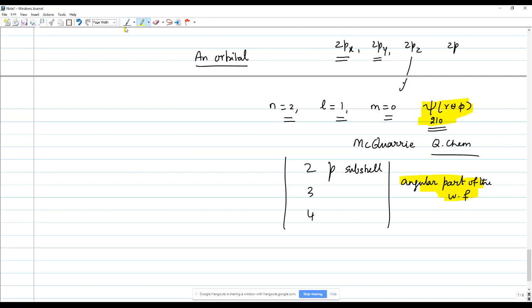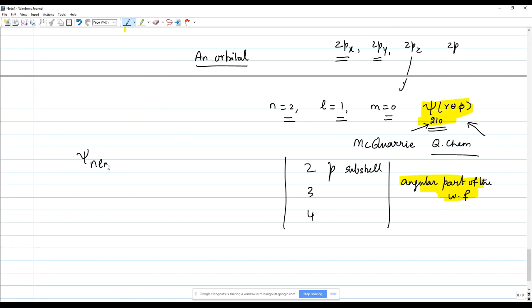The difference is that in the first one, you have the specification of the radial as well as the angular part, because the radial quantum number 2 and the L equal to 1 specify a radial function, and the 1 and 0 specify an angular function. Remember the wave function for the hydrogen atom. I will teach that in the next week's lessons.